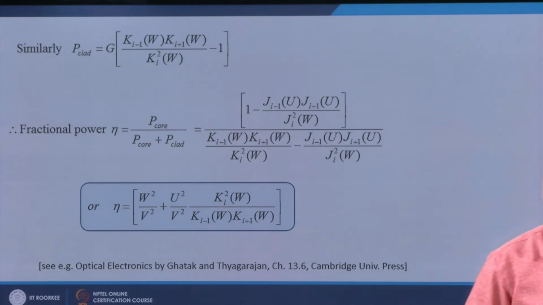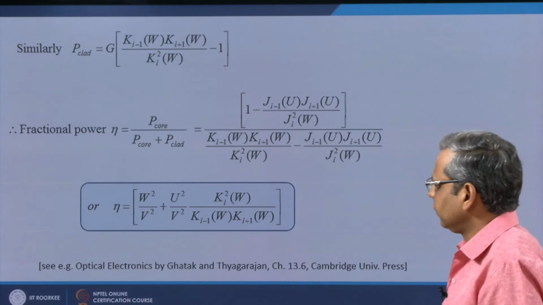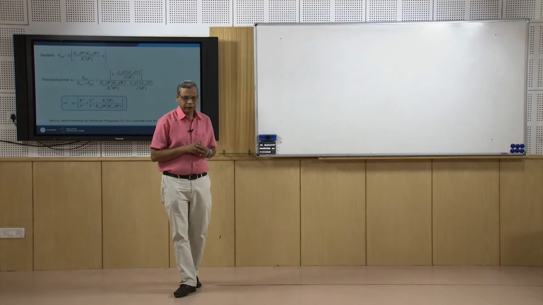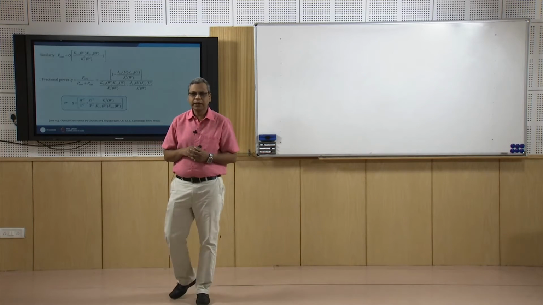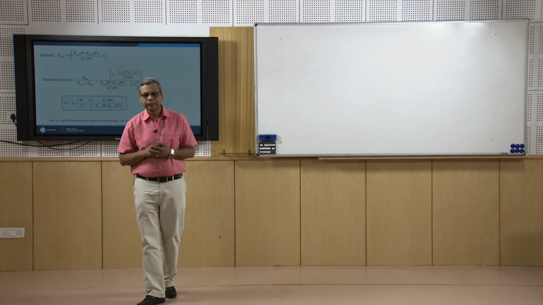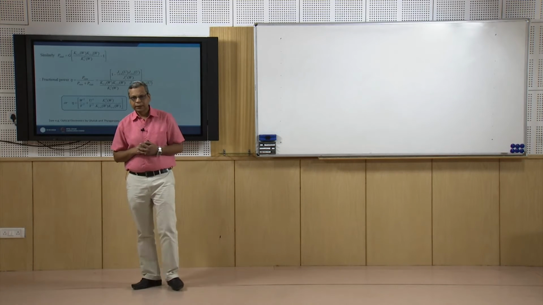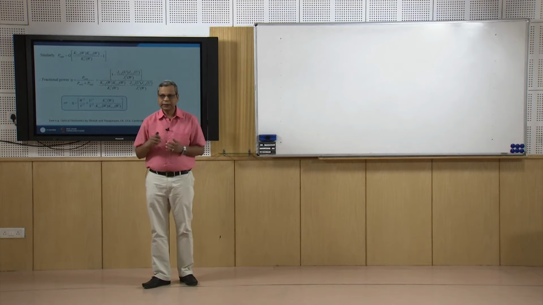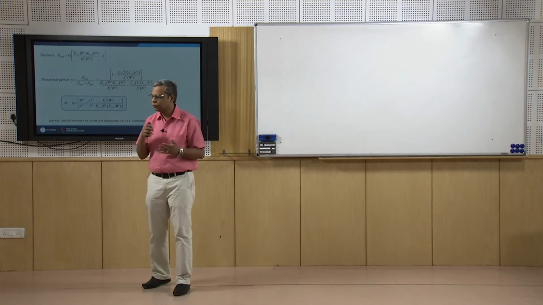Now, I am interested in how this looks when I vary V, when I vary the parameters of the fiber, and in this way I vary the value of V, the normalized frequency, then how the power in the core and the cladding is distributed, how this distribution changes.